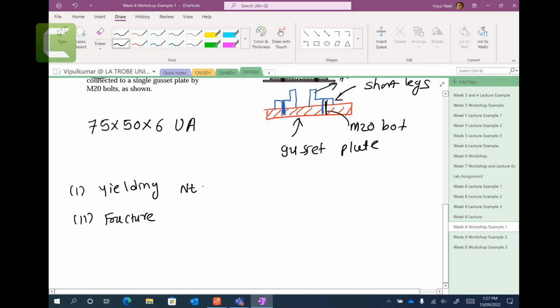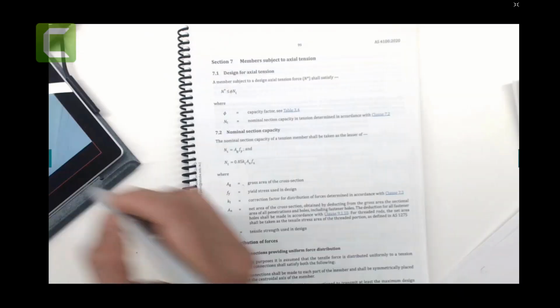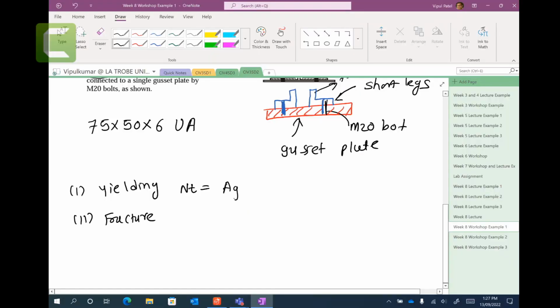When you have yielding, we can use AG FY. When you have fracture, you can use 0.85, KT, AN, and FU. All right, so there are only two equations.